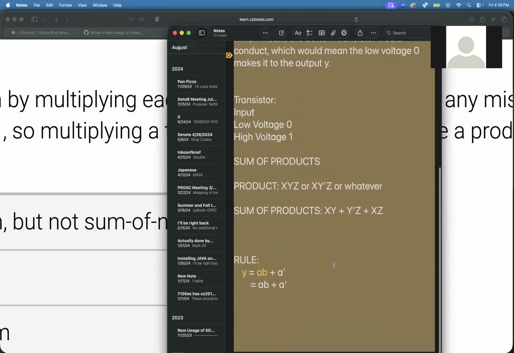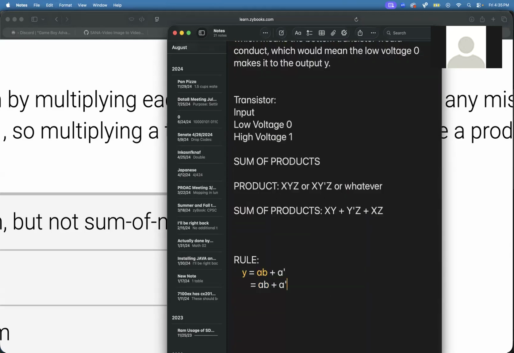Make it bigger. So if you think about it, if you just took this right here and you wrote B or not B, that would be identical, right? Because B or not B is just one.